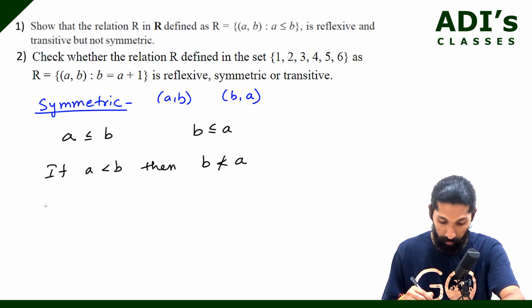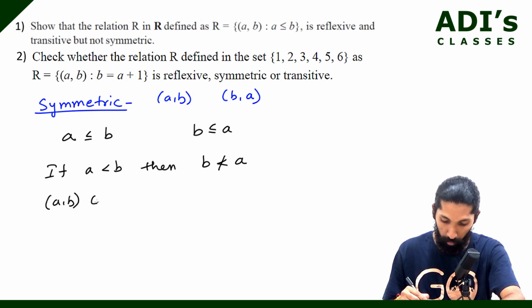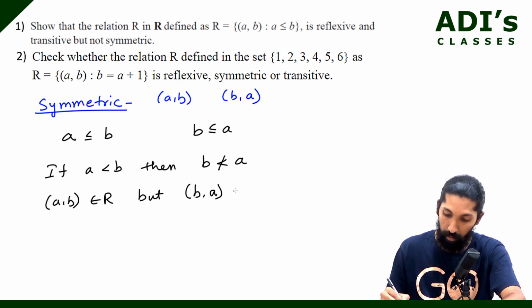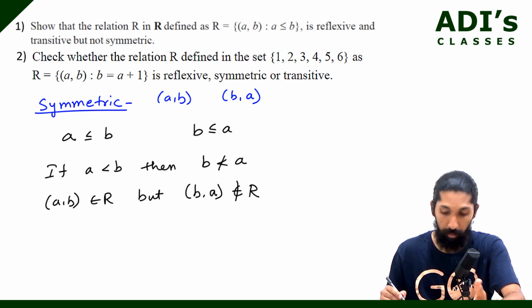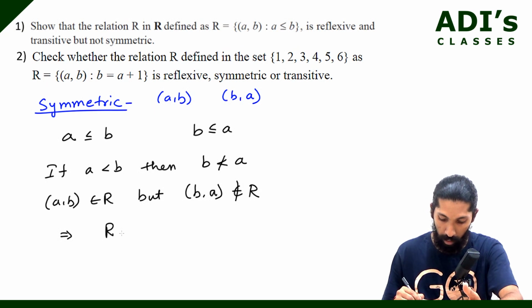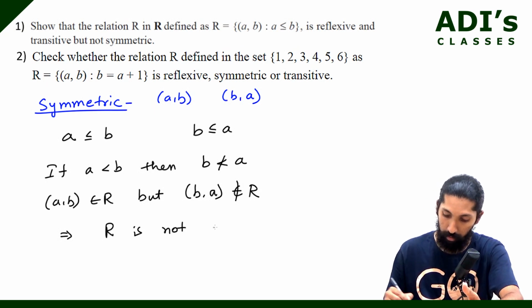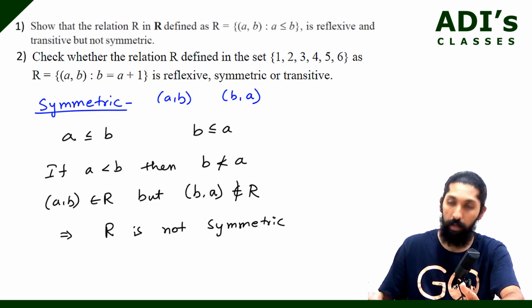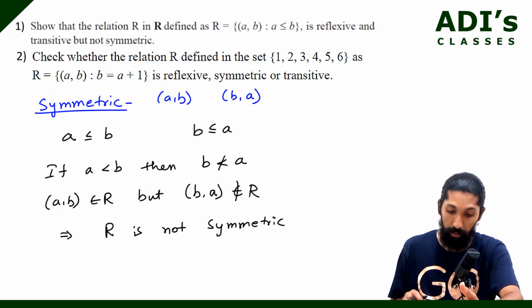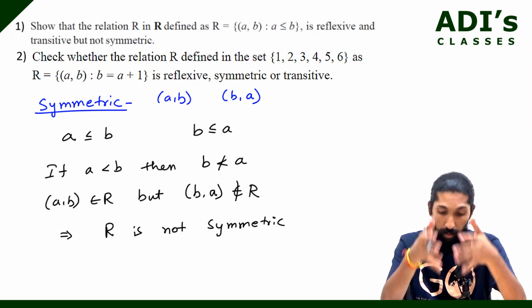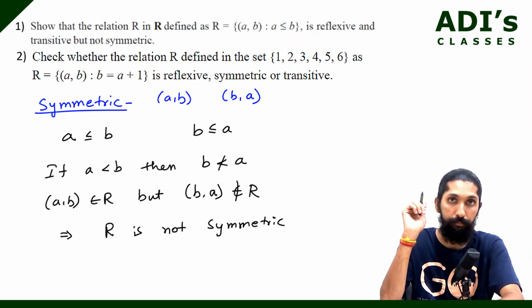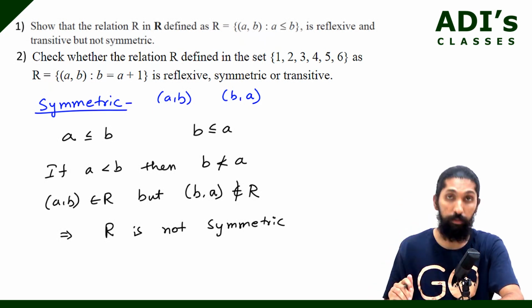So what do we say? (a, b) belongs to R, but (b, a) does not belong to R. Since (b, a) does not belong to R, this implies R is not symmetric. This is basically the first question's answer. So we proved that it is reflexive, transitive, but it is not symmetric. Fair enough? Now let's do the second question.